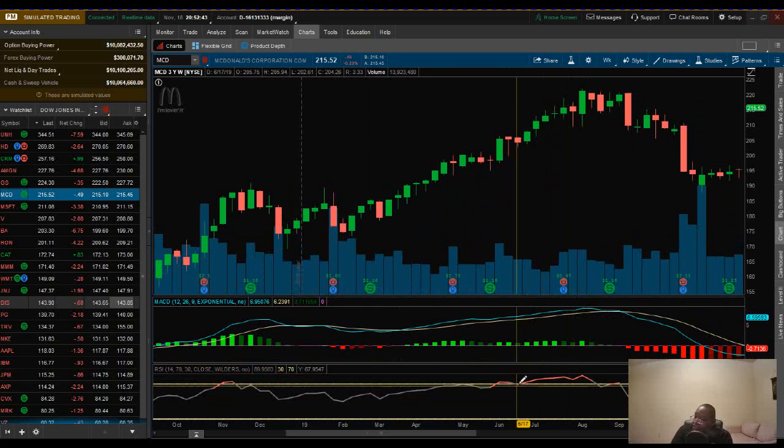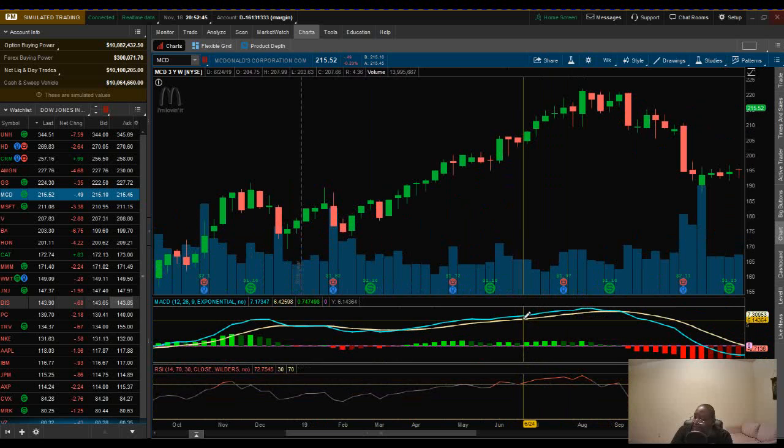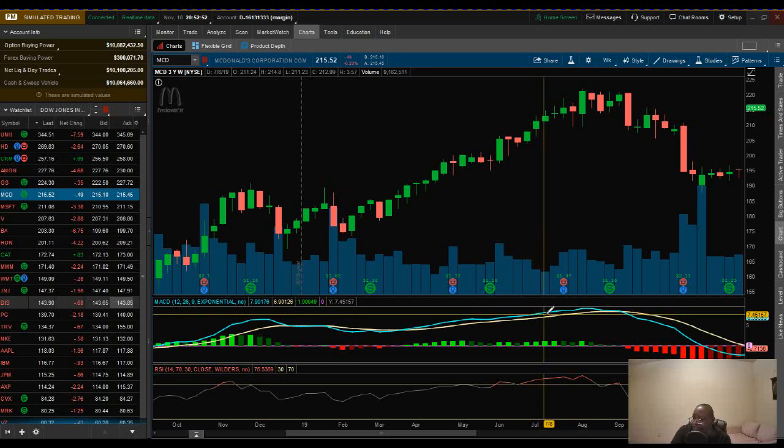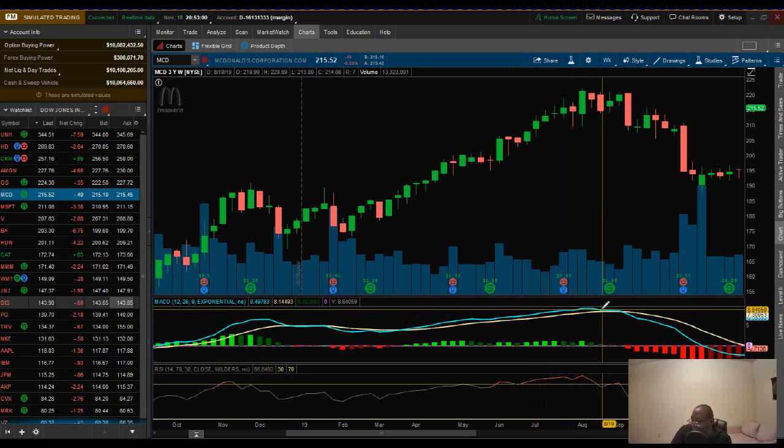So some people would like to ride it because they see that the line on the MACD is still above, it's still an upward trend because it's above the yellow line, and they work together. And then once you get to here, once you start seeing this, look at that.